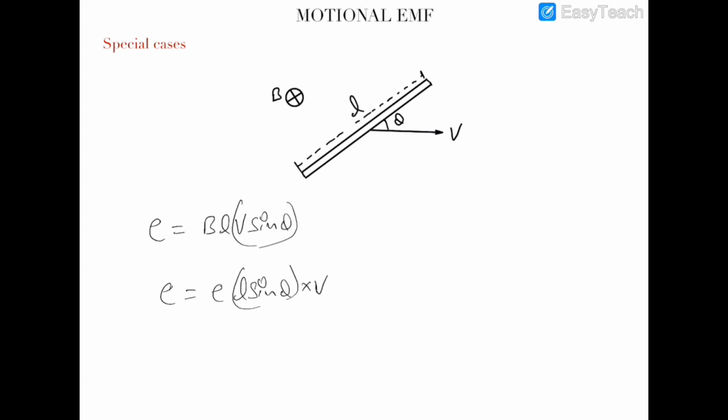What we have to do is find the component of the velocity which is perpendicular to the length. This is V sin theta. So this is the perpendicular velocity, this is the length, and this is the magnetic field, and all of them are perpendicular to each other. So we can directly write EMF as BLV sin theta.